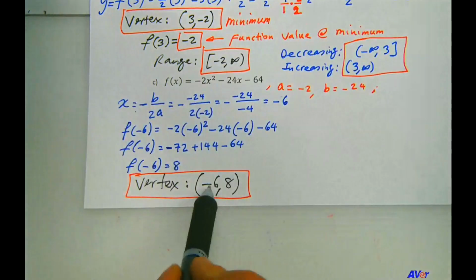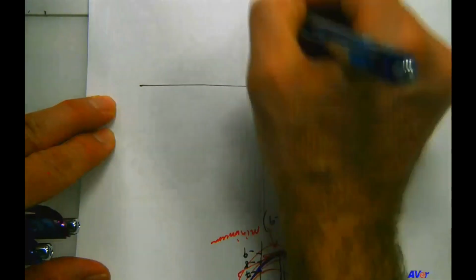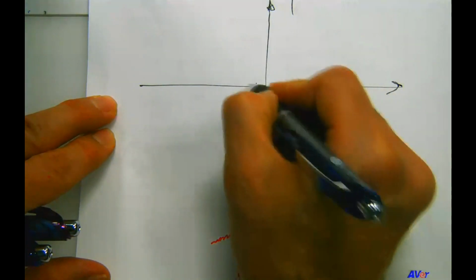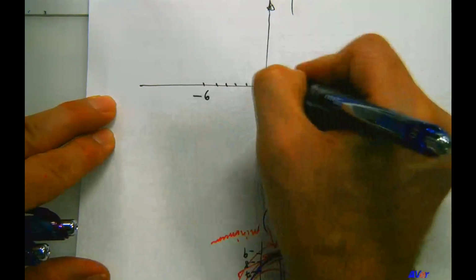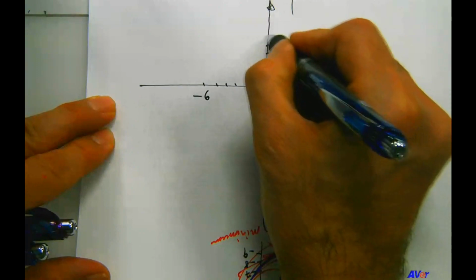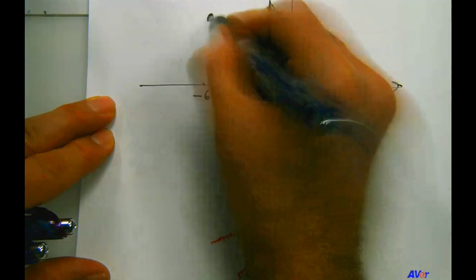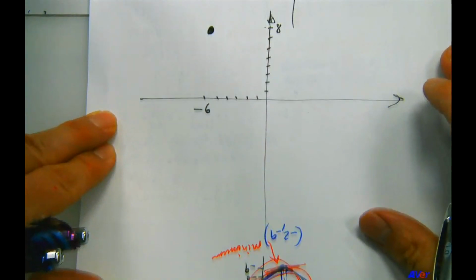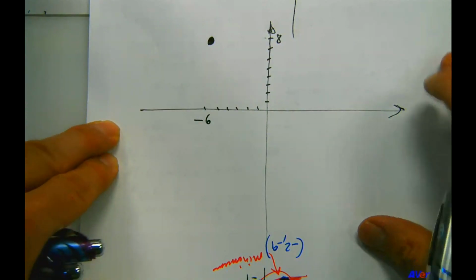So if we go to this vertex, let's plot this point, negative 6 comma 8. 1, 2, 3, 4, 5, 6, 7, 8. So that is the vertex, negative 6 comma 8. I'm using my scratch paper, that's why you see all those lines up and down the page. So that's the vertex.